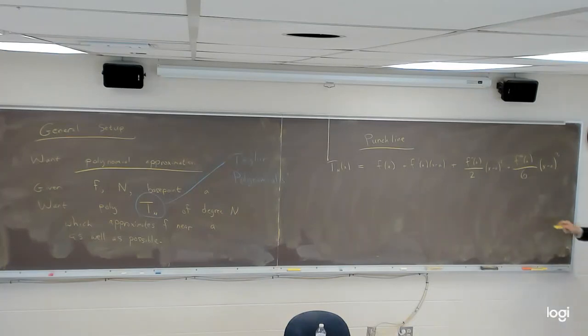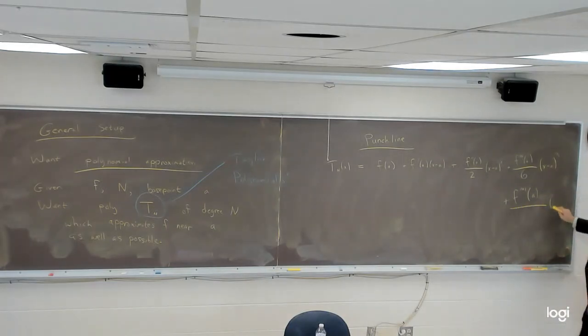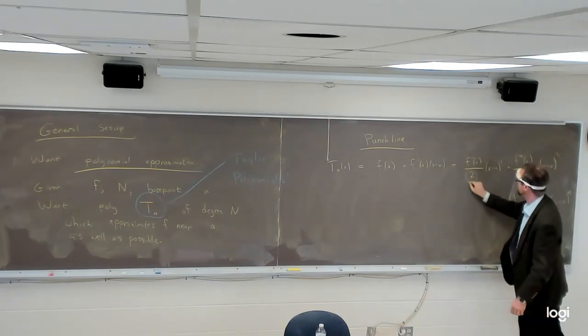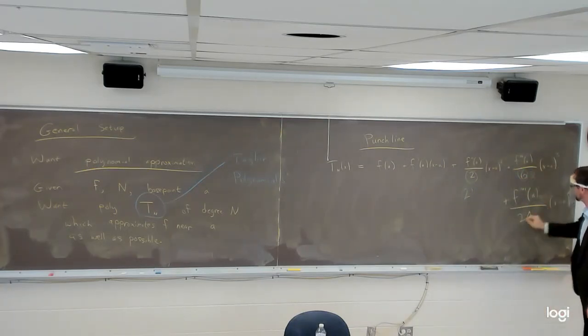What's the next one? What coefficient should I put in the denominator there? 24. Good. 4 times 3 times 2 times 1. So these numbers are what are called factorials. 2 factorial, 3 factorial, 4 factorial.